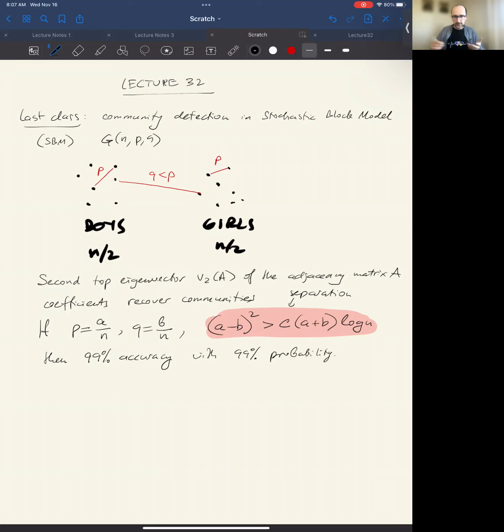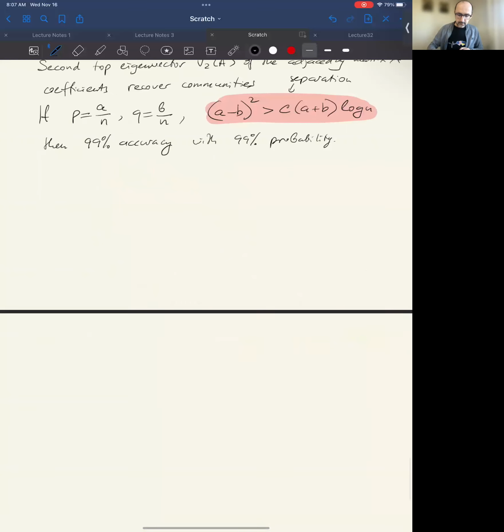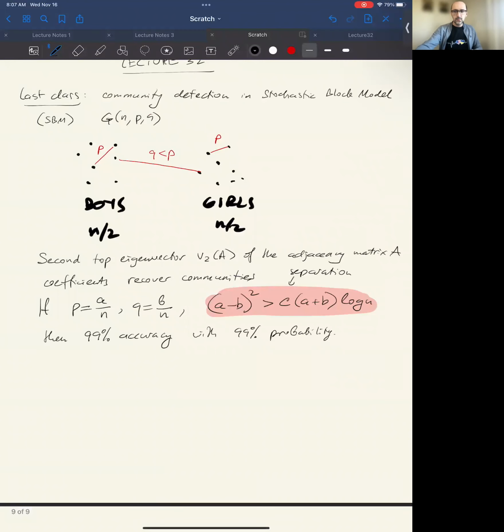It's a random graph, so it's a probabilistic statement, of course. We proved this using matrix concentration inequalities, the matrix Bernstein inequality. Okay, so that was what we did last time. Any questions? Remember that? Okay. Good. All right.